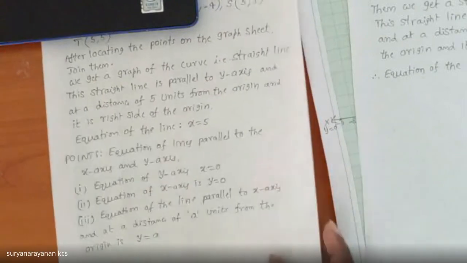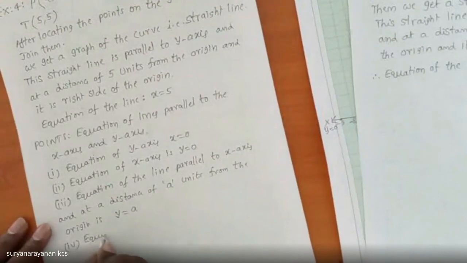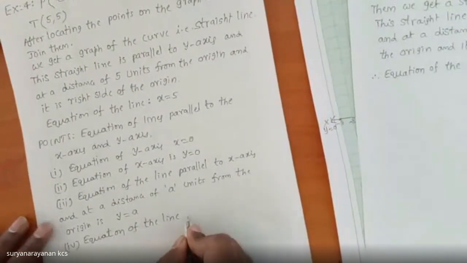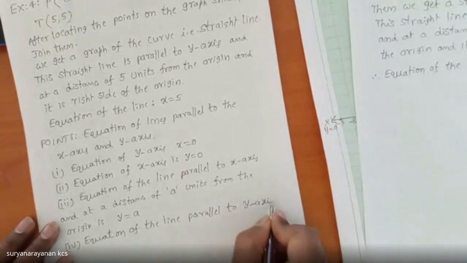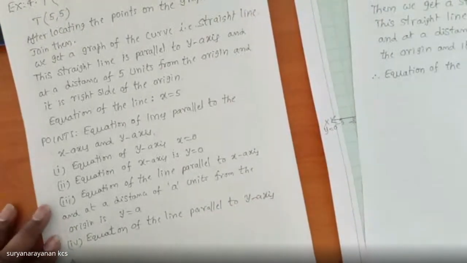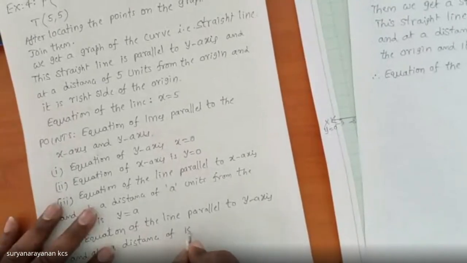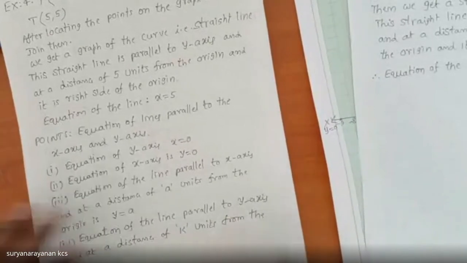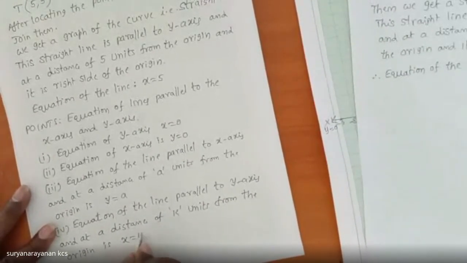Okay. And the next point, the equation of the line parallel to the y-axis and at a distance of k units from the origin is x is equal to k.